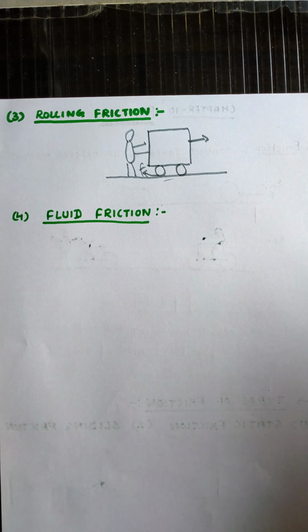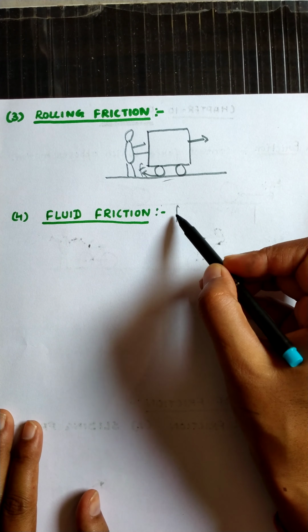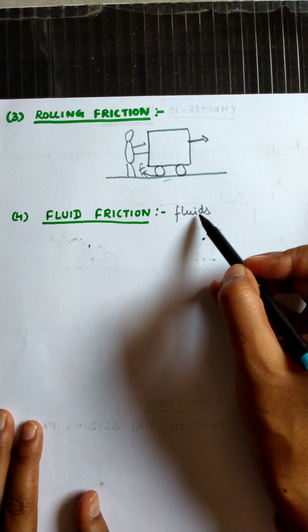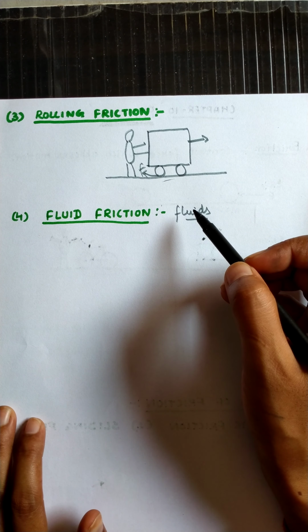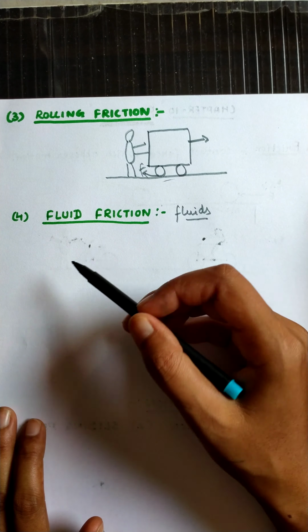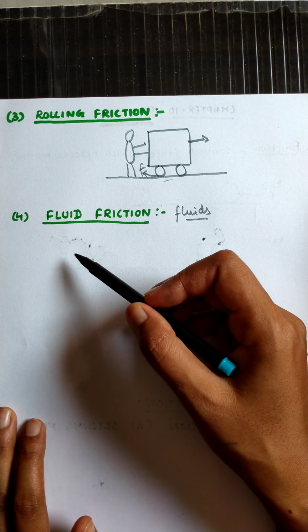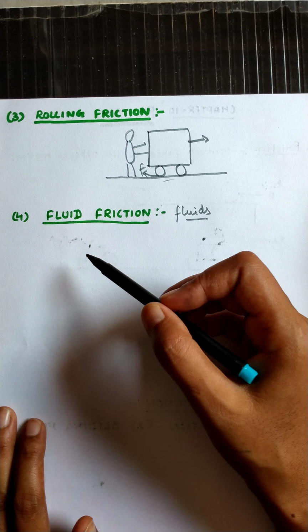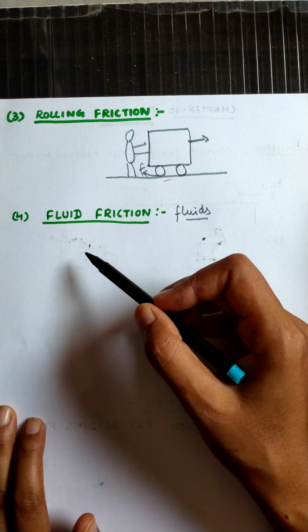Now students, the fourth type of friction is called the fluid friction. This type of friction we can see in fluids. Fluids means liquids as well as gases. So fluid friction is the force which opposes the movement of an object in the liquid.